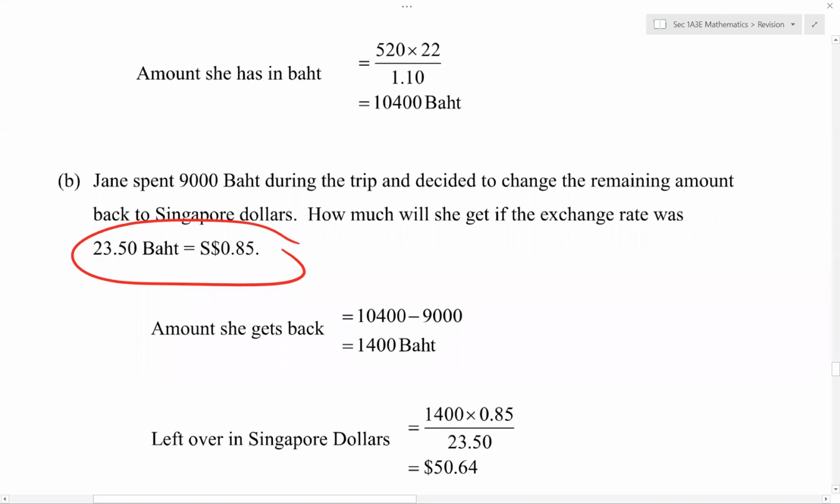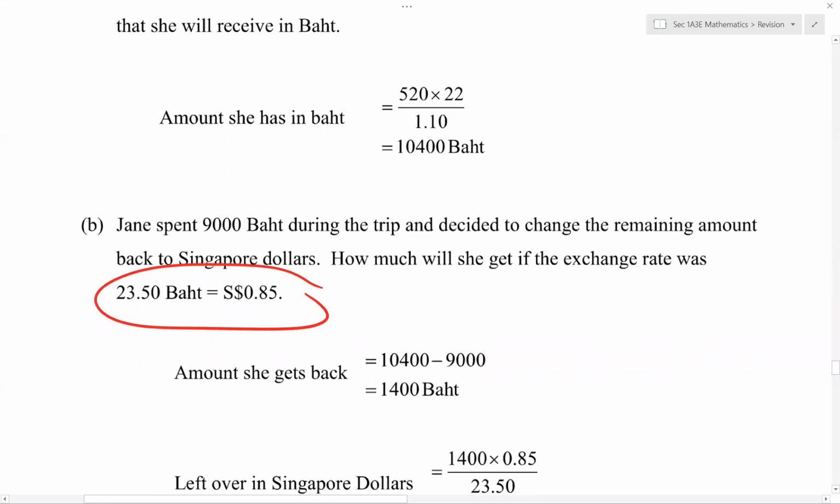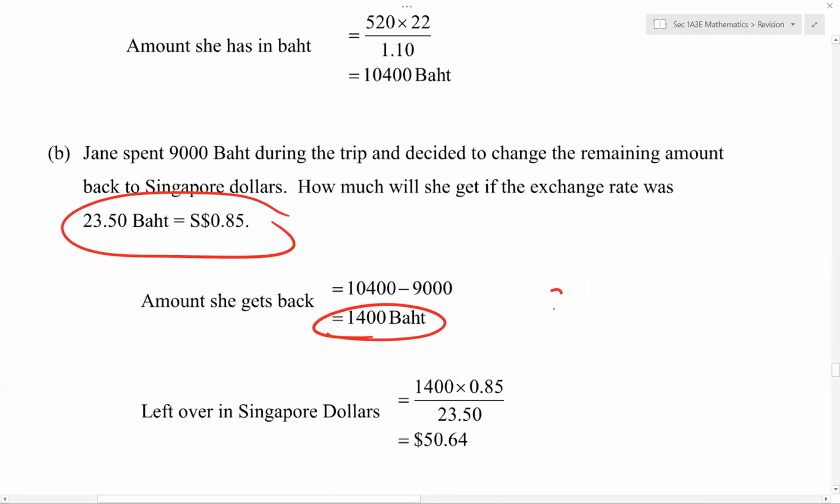So Jane spent 9,000 baht. She has a remainder of 1,400 baht, and now changes it back to Sing dollar. 23.50 baht equals Sing dollar 0.85. So Glenn, this is for you.